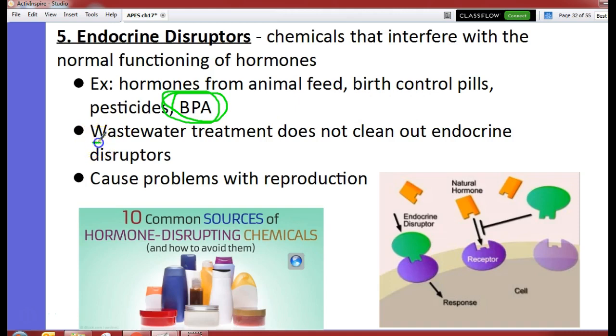When we send our old water to a wastewater treatment plant, they don't clean out a lot of these hormones, okay? And these can cause problems with reproduction. So a lot of people suspect that there are a lot of hormones in our actual water, and they're causing quite a bit of issues with reproduction.